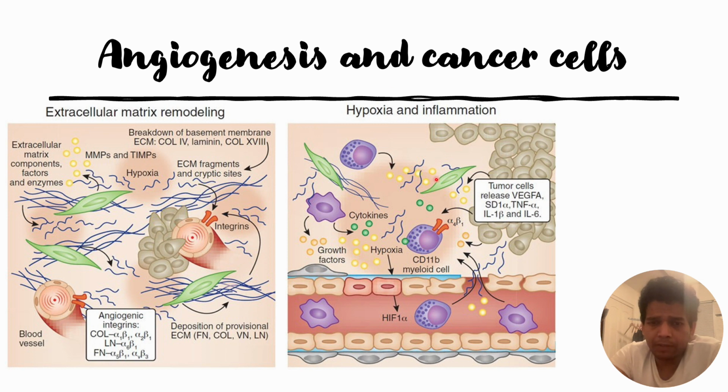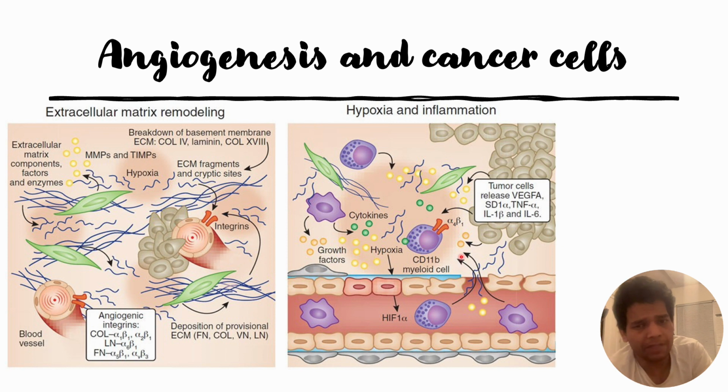The other case related to the extracellular matrix is the hypoxia and inflammation condition. Tumor cells continuously require energy for their uncontrolled growth rate, and this might lead to a condition such as local hypoxia and inflammation, because the tumor cells will disrupt the epithelial cell membranes, and in order to repair these membranes, they attract the myeloid cells.